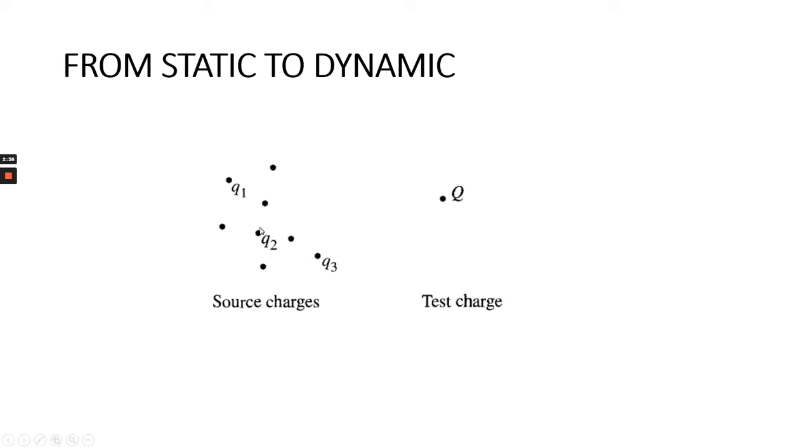So when we say superposition principle, we just calculate the force contribution by Q1, turning off all of the other charges. Next, we turn on Q2 and turn off the rest, and so on. So that's the superposition principle. To get the total, we just have to sum all those individual contributions.